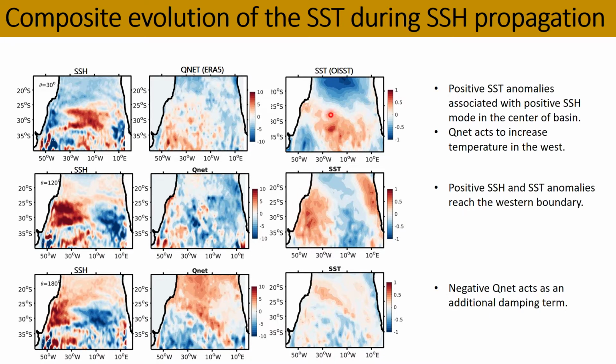And then you see this anomaly now propagated here to the west. And in this third phase, the positive sea surface height anomaly arrived here, and we have a QNet trying to damp this anomaly, damping the sea surface temperature anomaly. So it seems that the advection brings this anomaly there, and the heat fluxes tend to damp it afterwards and help with this propagating pattern damping process.